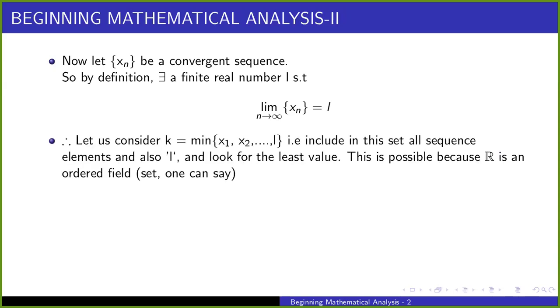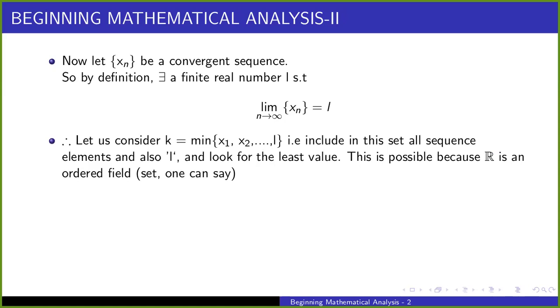Let us consider small k equal to the minimum of these elements x1, x2, up to all that infinite set, and also include the limit, and look for the least value.